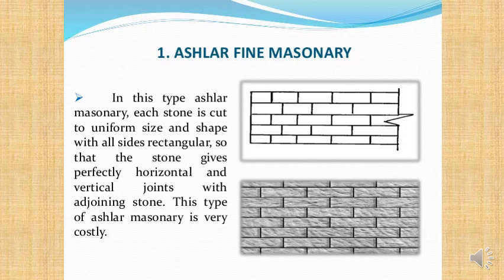Now, obviously, it's a lot more costly as a material than rubble masonry, because you actually have to pay someone to cut those rocks. And cutting rocks is a very hard and expensive process. Rock is not the easiest thing to cut, so you're going to need some very high-powered machinery to cut the rock.